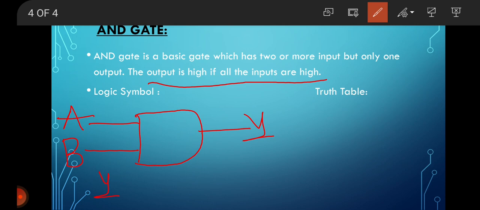So Y equals A into B, or A and B. Then see the truth table, with A, B as inputs and Y as the output.